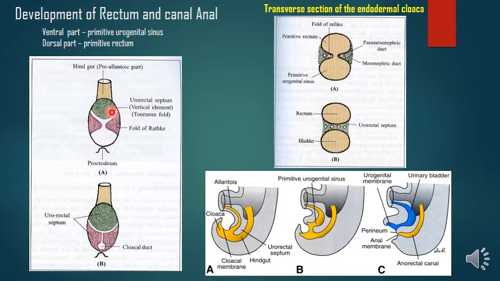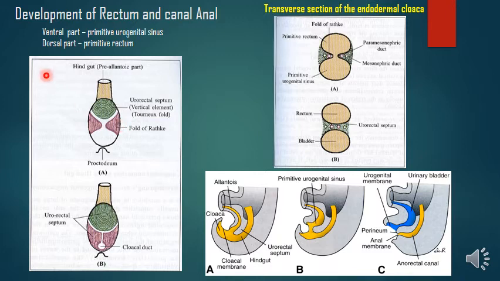Here we are seeing the anterior view. This consists of three elements: a vertical element and two lateral elements. So the urorectal septum, in the process of development, is formed as three parts, one vertical segment and two lateral segments.